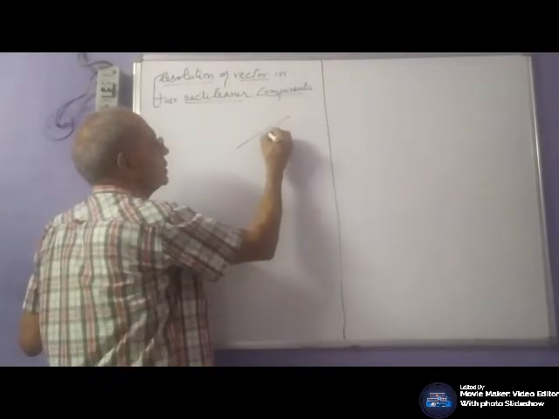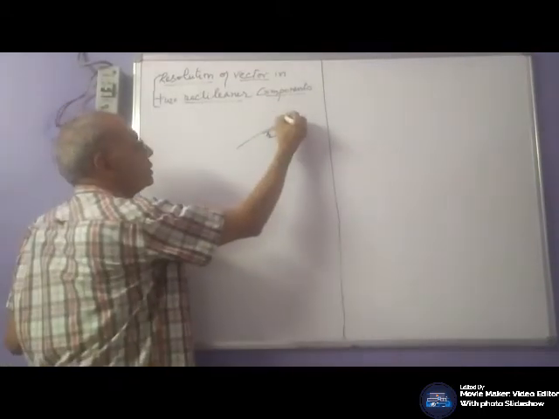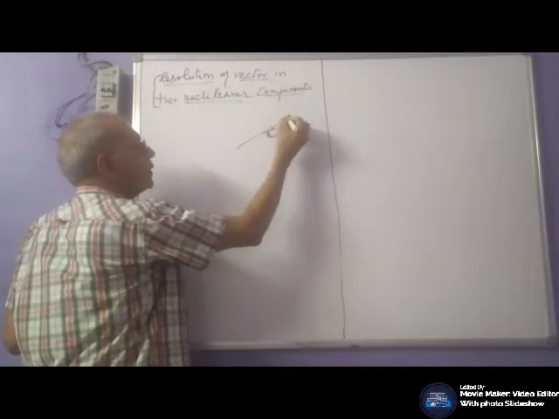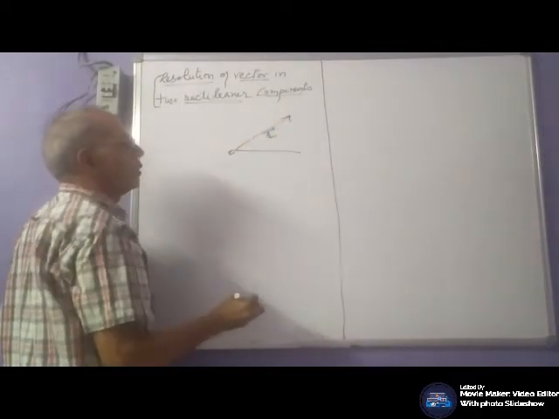This is a vector, R vector. This is the origin of the coordinate system.